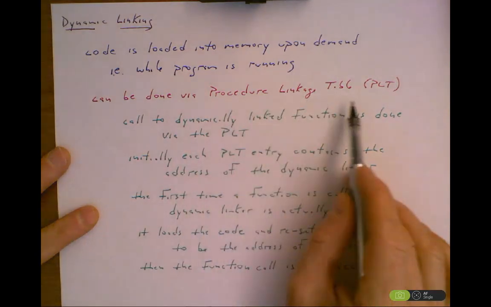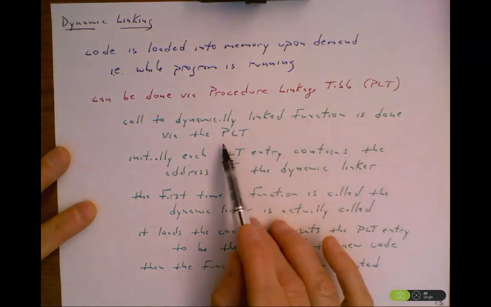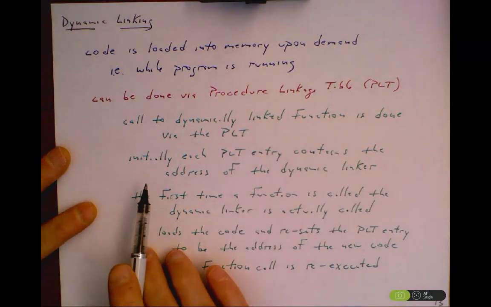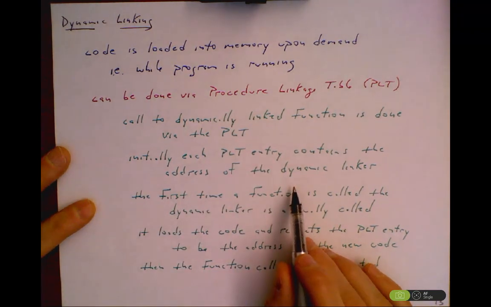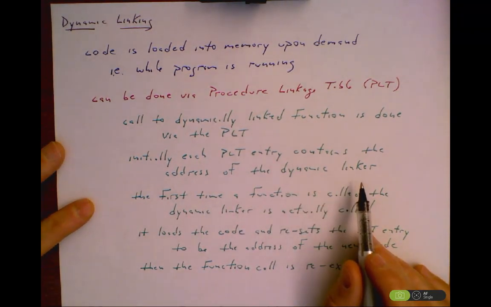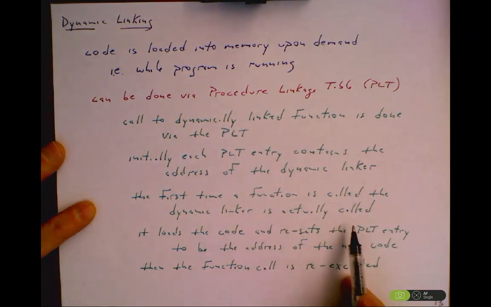Okay, so just a quick spin through how dynamic linking works. One way to do it is through something called a procedure linkage table, a PLT. Calls to dynamically linked functions are done via the PLT. Each PLT entry contains the address of the dynamic linker initially. So the first time a function is called, the dynamic linker is actually called.